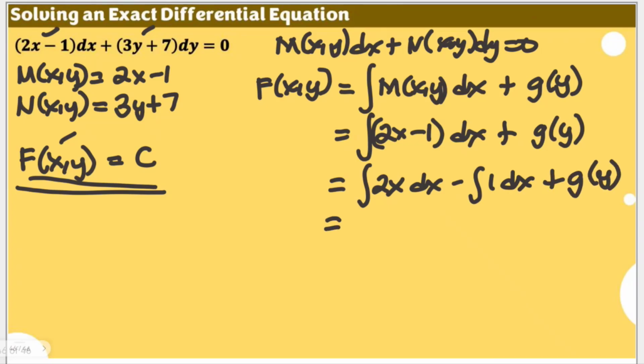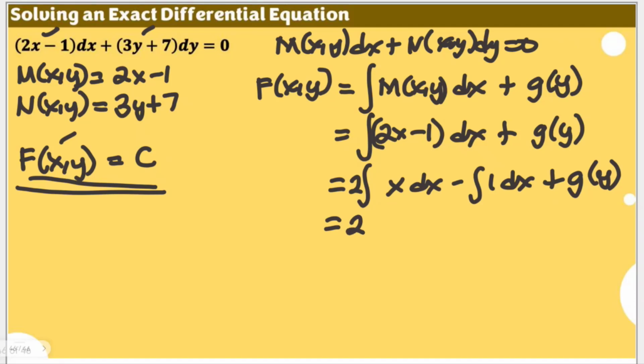Of course, you can take 2 out if you would like to. Take note, that's part of what we have learned before for integrals: if you have a constant, you can always take that out. That's why you will have 2 outside.